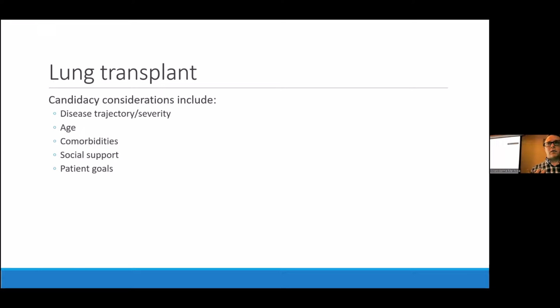So for example, if you had lots of esophageal dysmotility, if we were to transplant your lungs, that risk of reflux is constantly there and is a threat to the new organ we would be transplanting in. So these are all things that the transplant center takes into consideration, and then they discuss it with the Edmonton service and then come up with a decision about whether a patient can be listed.